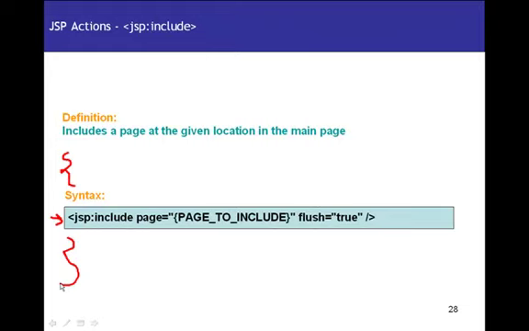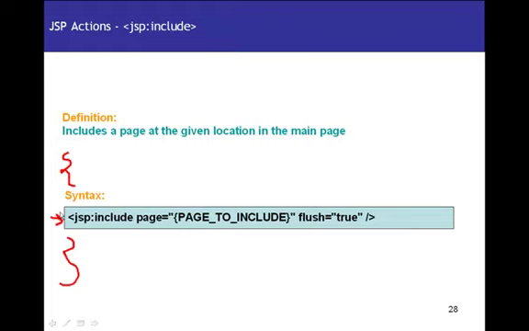right? So here what I am simply doing is including the contents of another JSP page in my main JSP page at a given location, right? It's as simple as that. So you would have heard of a similar concept earlier in this session, right? And if you remember quite well, it is during JSP directives.